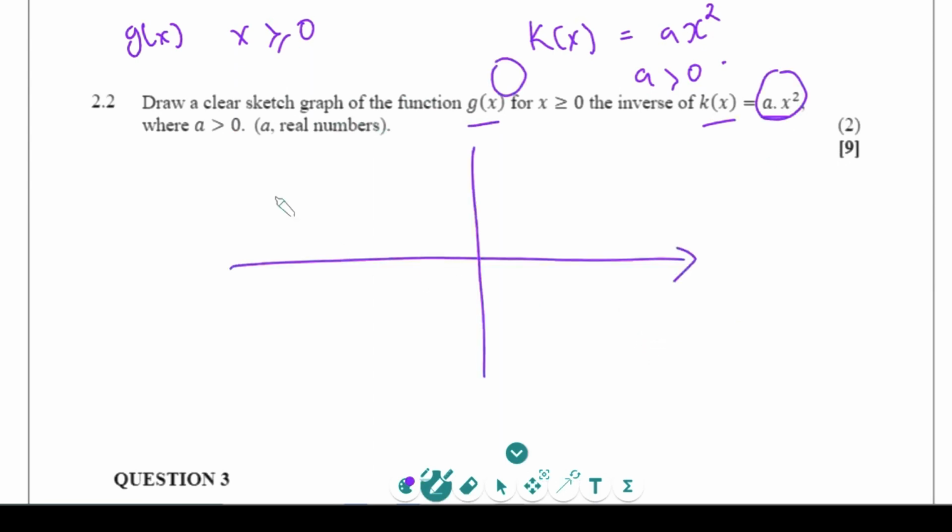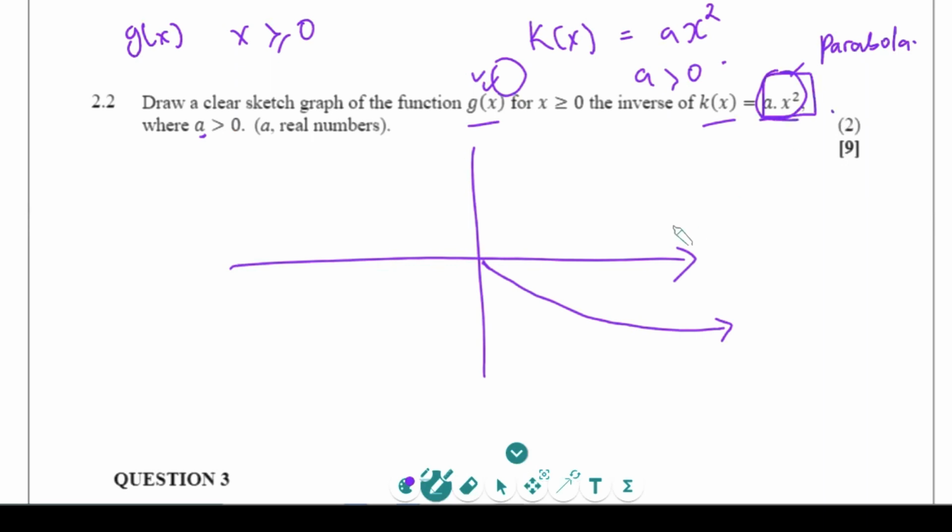So for a to be greater than 0, that graph has to start from somewhere here and then move in that sort of direction. That is the graph of g, because we know that ax squared is going to be a parabola, not an exponential.